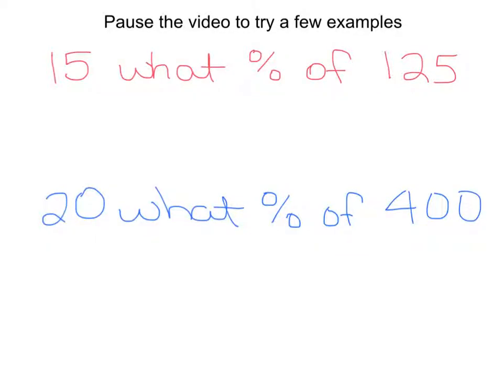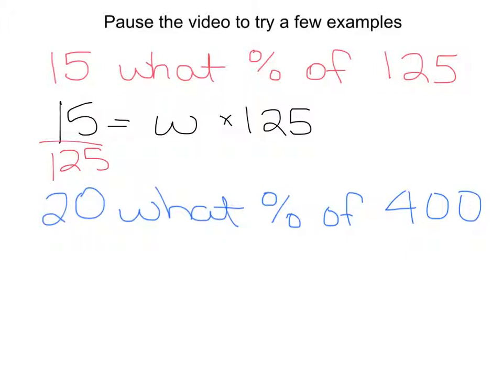The first example is 15 is what percent of 125? Again, you divide both sides by 125, and you will get 0.12, but you want to change that from a decimal into a percent, which is 12%.